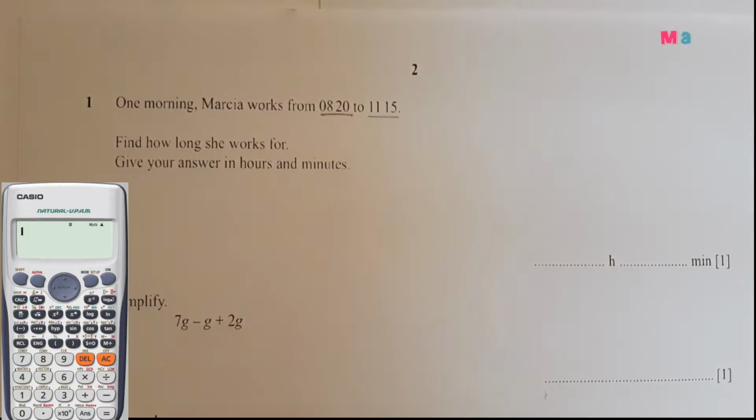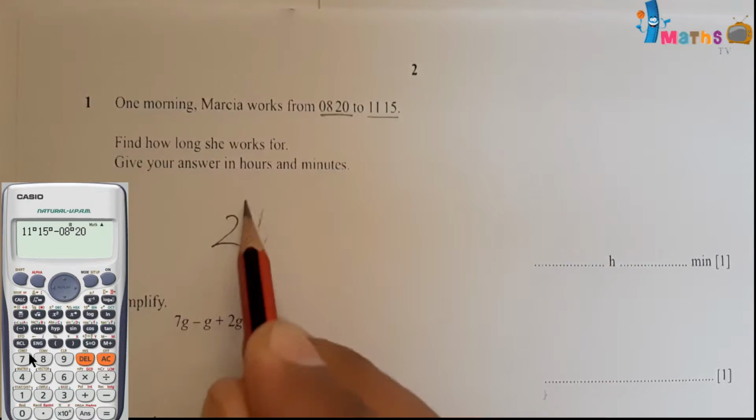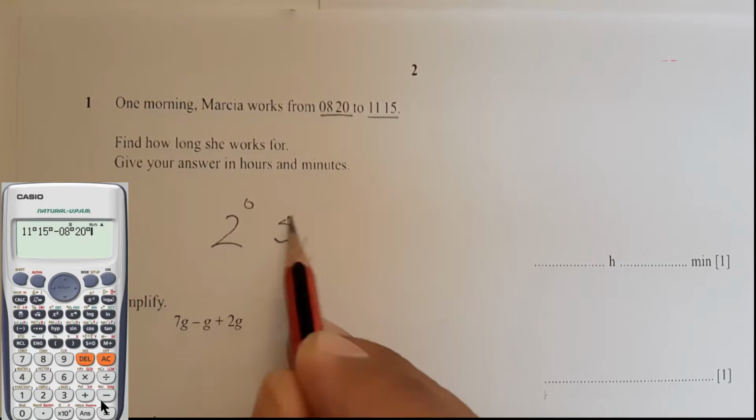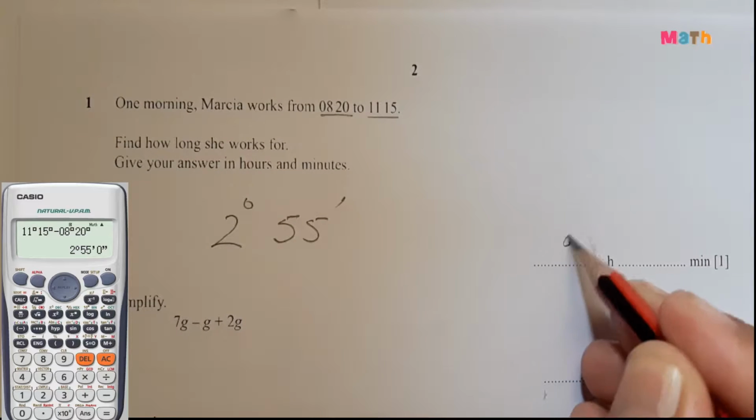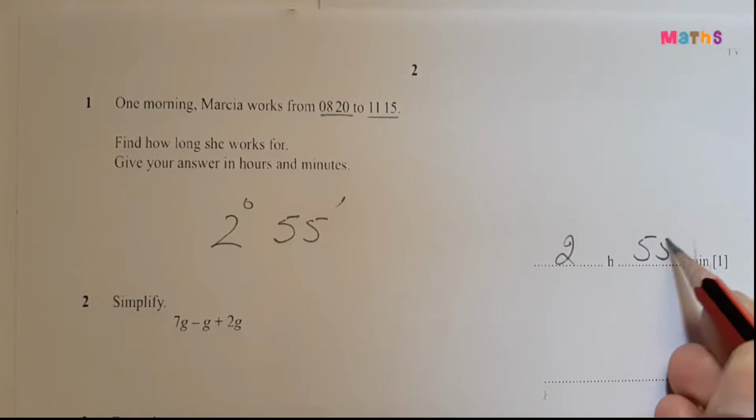So if you see on calculator, 11 hours 15 minutes minus 8 hours 20 minutes, this will be equal to 2 hours and 55 minutes. So our answer will be 2 hours 55 minutes.